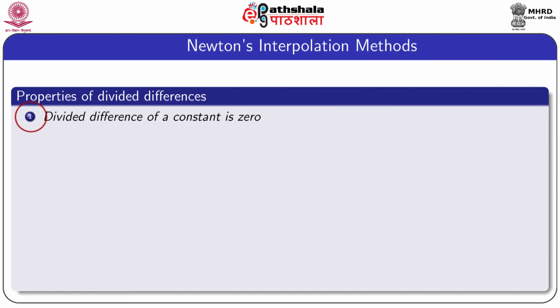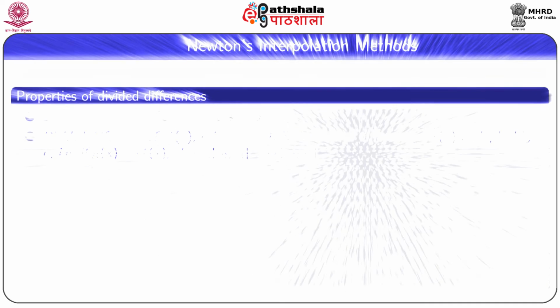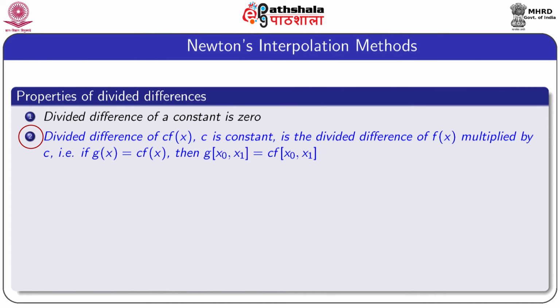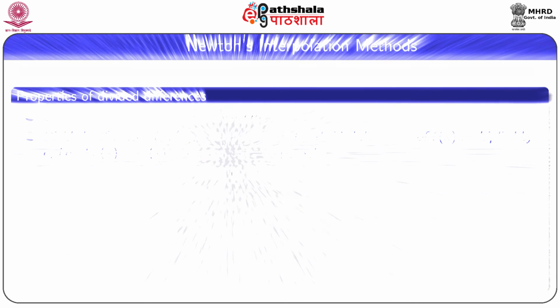The divided difference also satisfies very important and interesting properties. The first one is that the divided difference of a constant is 0. It is obvious from the definition. Next, consider the divided difference of c into f of x, where c is a constant, and g of x is equal to c times f of x. Then the first order divided difference of g is equal to c into the first order divided difference of f at the same arguments x0 and x1.